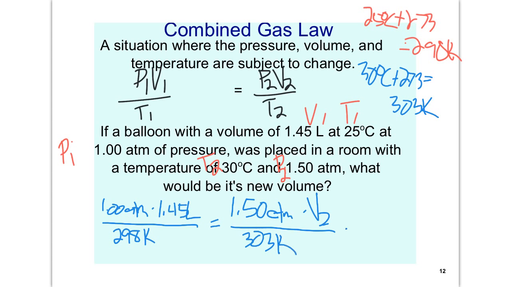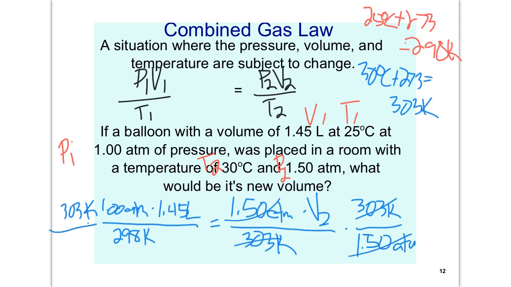So now what we're going to do, multiply this side by 303. That way those can cancel out. Multiply this side by 303 Kelvin. Now what we can almost do in the same step is we need to get rid of this 1.50 atm. So to get rid of something on top, we just divide by it. So divide by 1.50 atm.